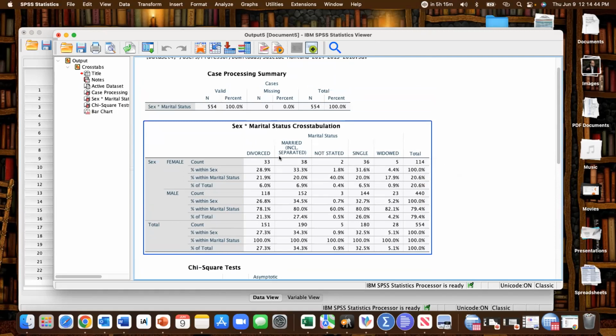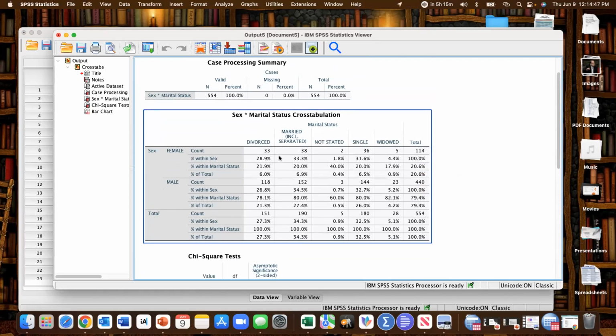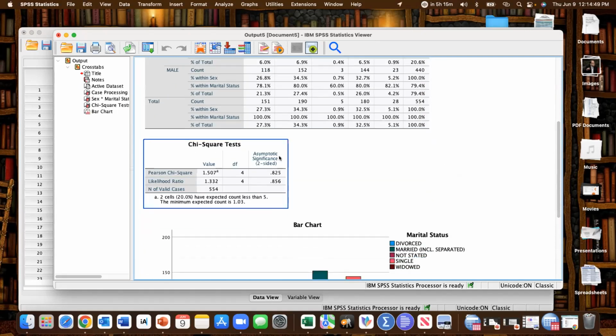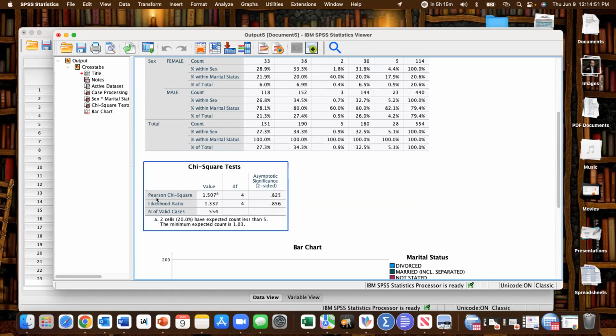Now, I mentioned that chi-square test, so I'm going to bring it up right now. The chi-square gives us a value of 1.50, and for now, don't think about this value too much. What this value is going to determine is our p-value, which is this right here, this asymptotic significance, two-tailed.